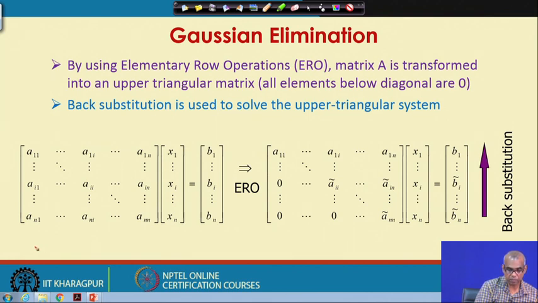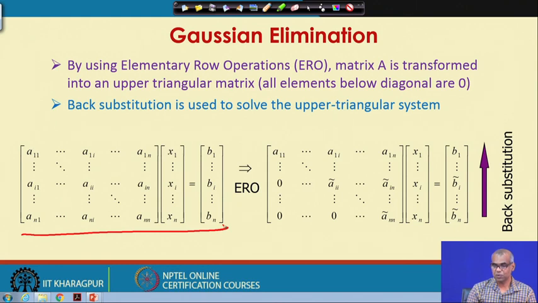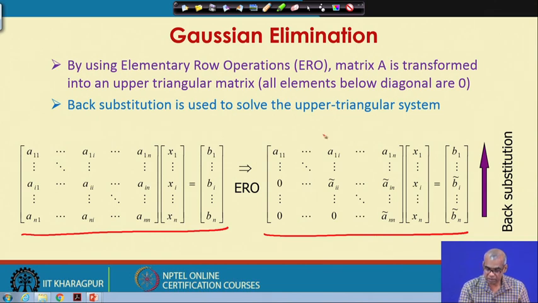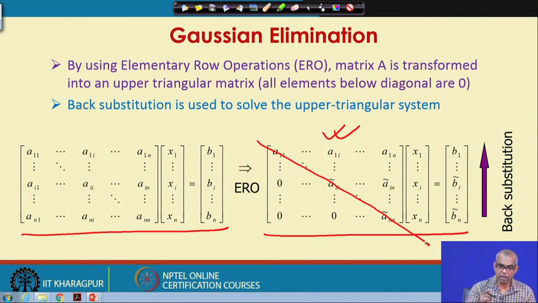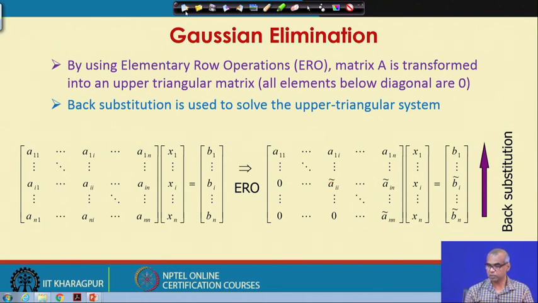So, you have Ax equal to B as the system, which is converted to Ux equal to B again, but since I have done the elementary row operations to convert the matrix A into an upper triangular matrix, see that below the principal diagonal all elements are 0, and then it becomes easy for back substitution, because you get xn equal to Bn by Ann.